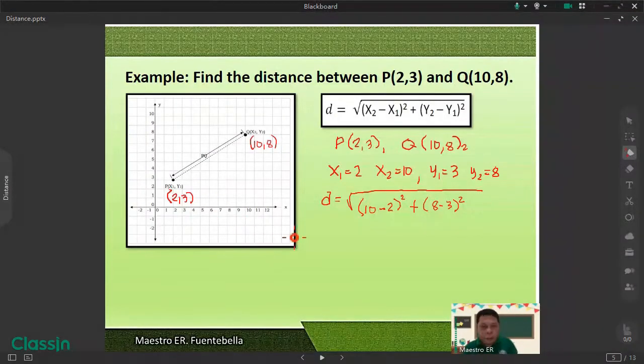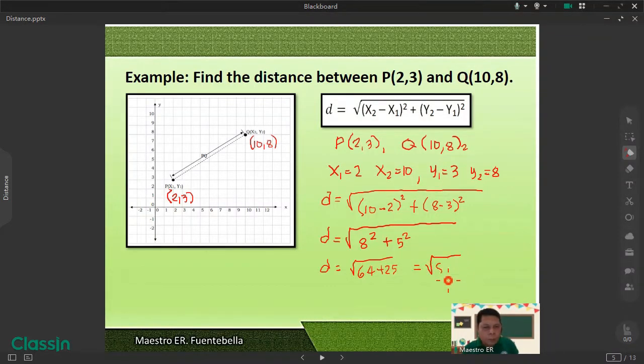So let's simplify now. So the distance of PQ is equal to the square root of 10 minus 2 is 8 squared, plus 8 minus 3 squared is 5 squared. Or d is equal now to the square root of 64 plus 25, which is equal to the square root of 89.